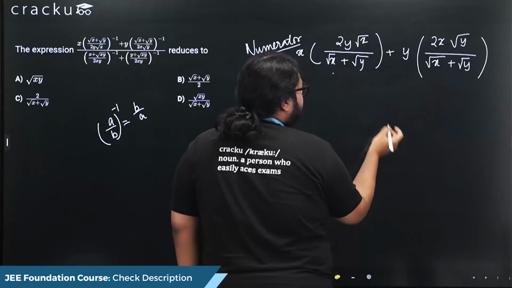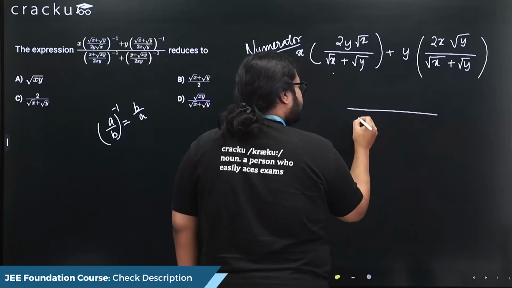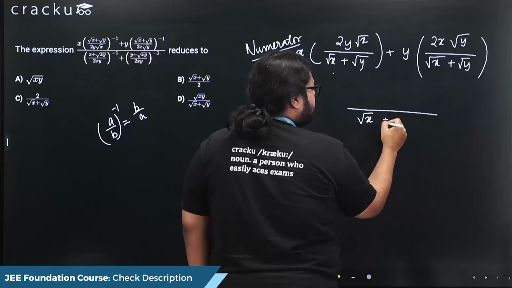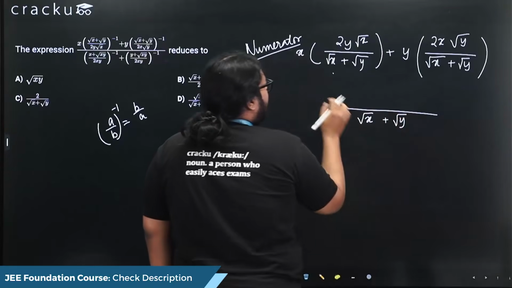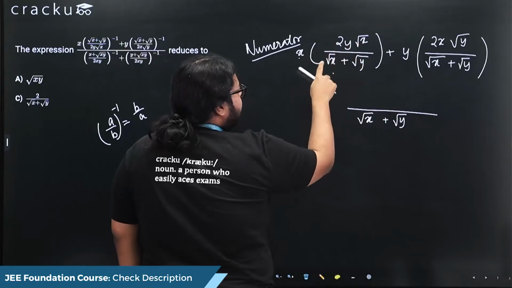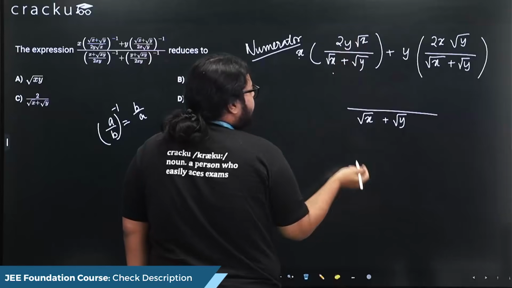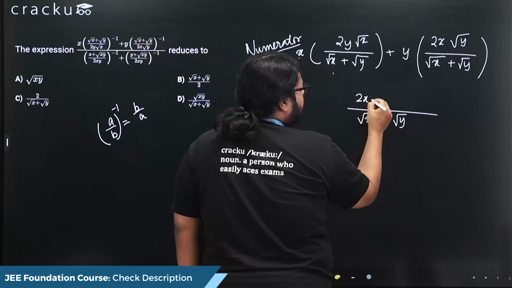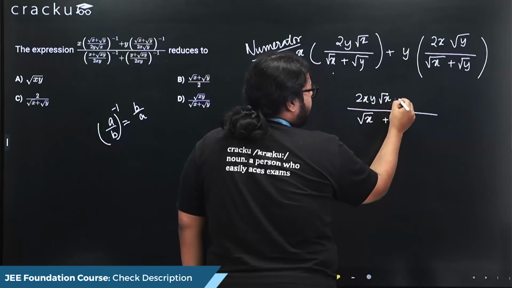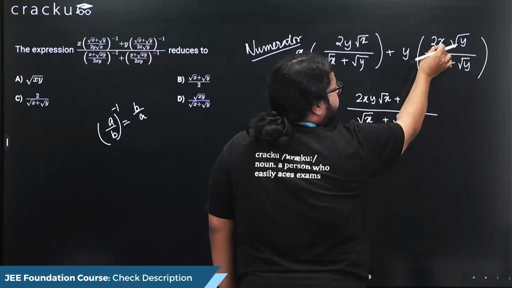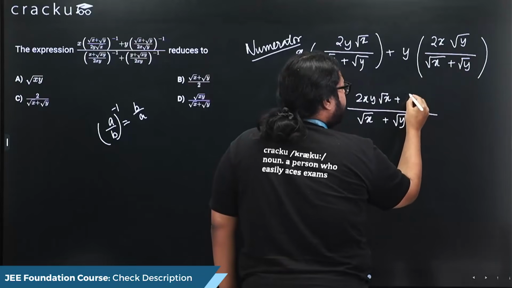So if I take root x plus root y as common, multiplying x here, I'll have 2xy root x plus, here also I'll have 2xy root y.